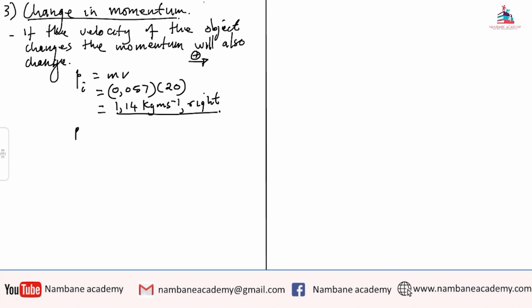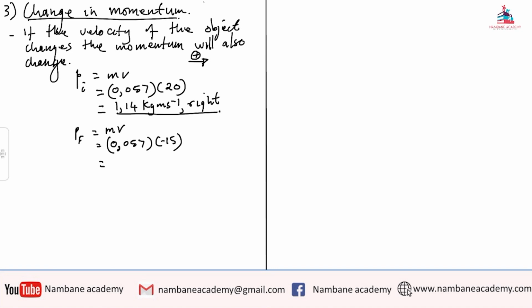But after hitting the wall, P final, it is the same object. 0,057 multiplied by 15, but we said it must now be minus 15. Why, ladies and gentlemen? It is moving away from the wall.